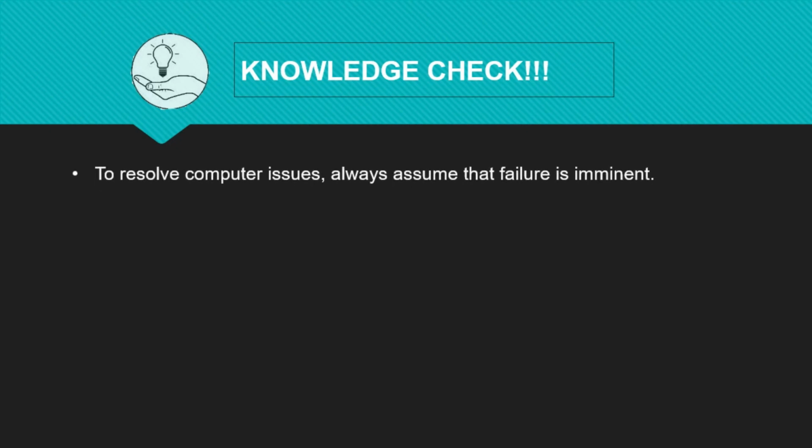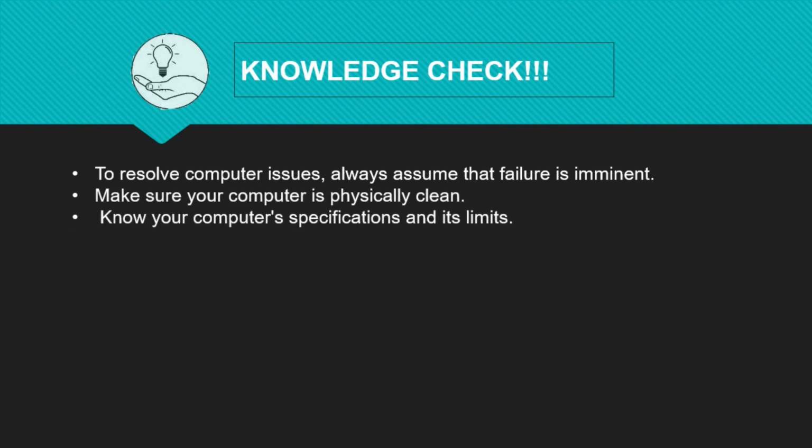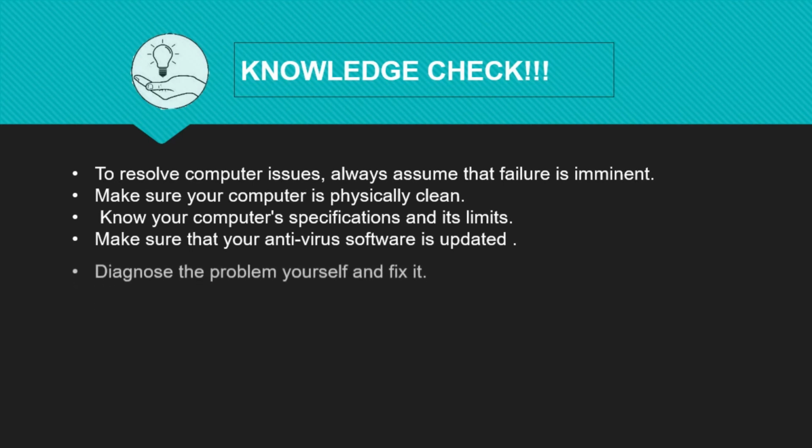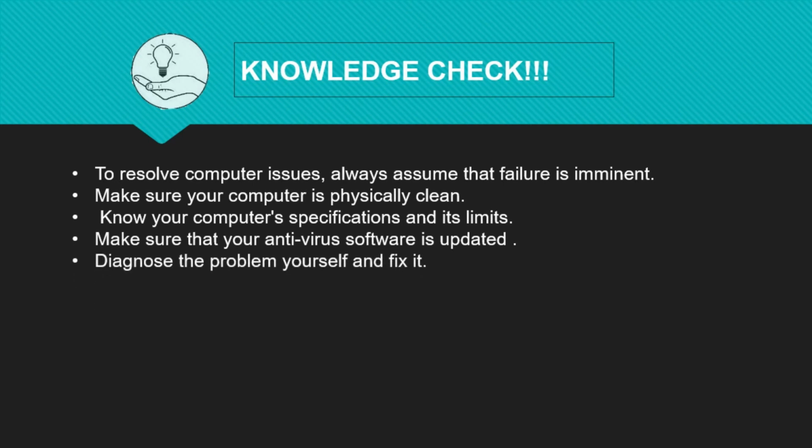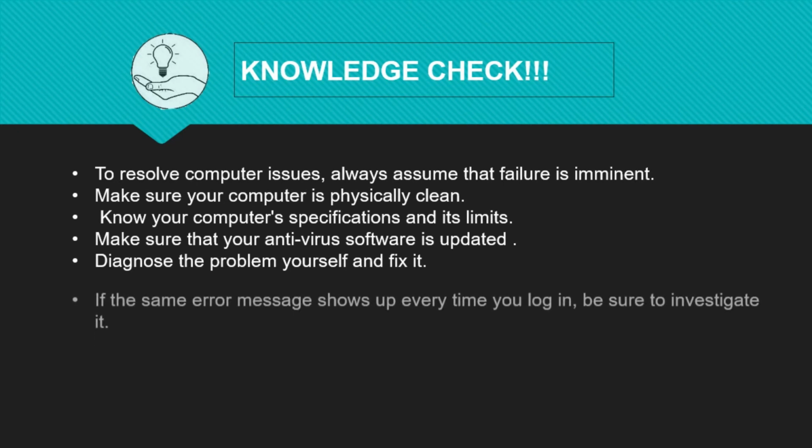To resolve computer issues, always assume that failure is imminent. Make sure your computer is physically clean. Know your computer's specifications and its limits. Make sure that your antivirus software is updated. Diagnose the problem yourself and fix it.